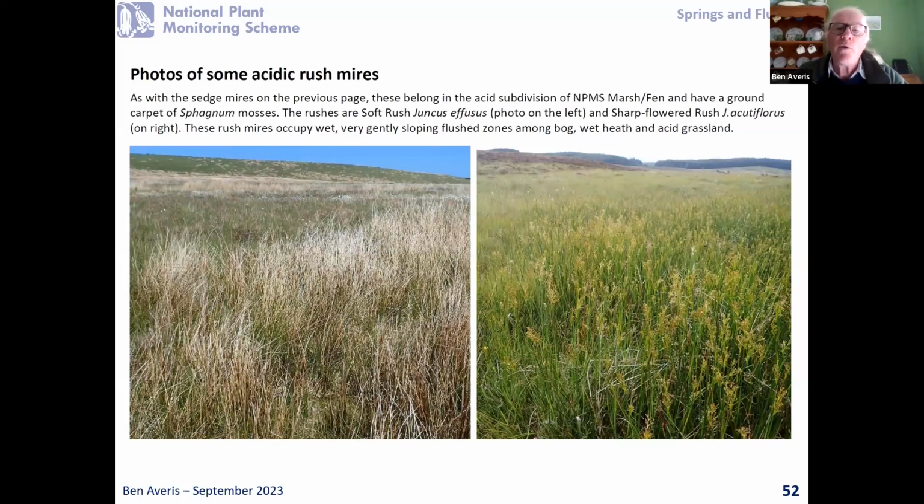So even though you can get the same species of rush, as we have here, sharp-flowered and soft rush, being really abundant or even dominant in a flush, which can be either acid or the NPMS base-rich type, we can check them out by getting in there and looking certainly at the mosses and other herbs in there, but we might get a good clue at a bit of a distance if we see spots of colour growing among the rushes. It's going to hint that it's not going to be the acid one.